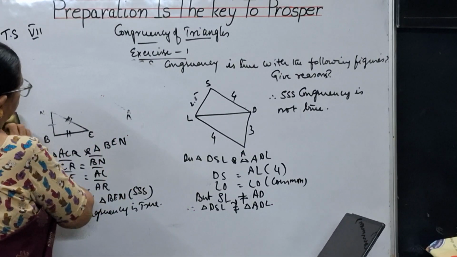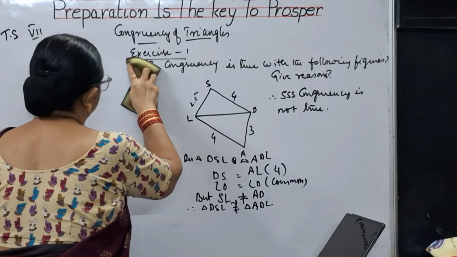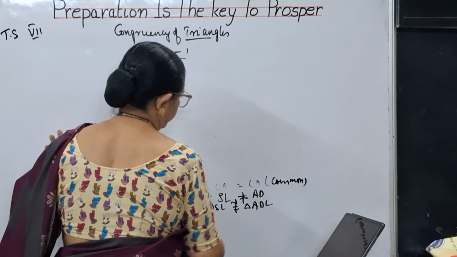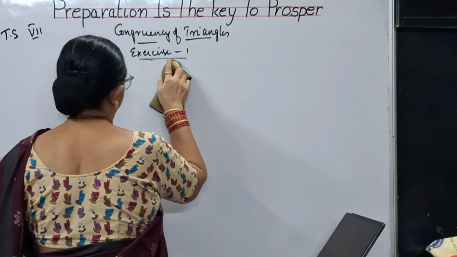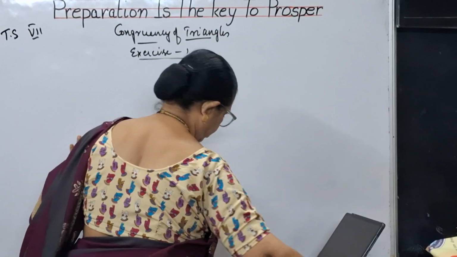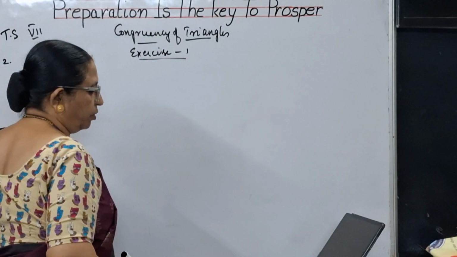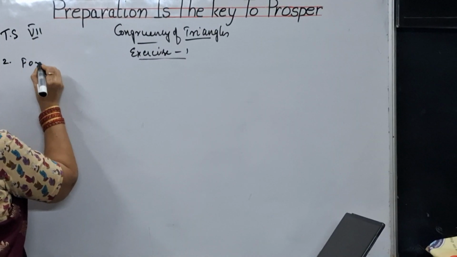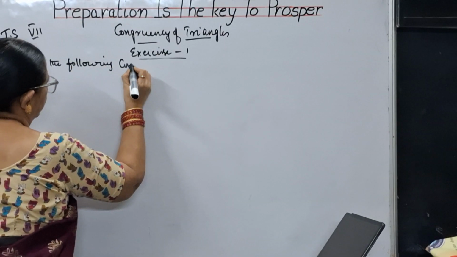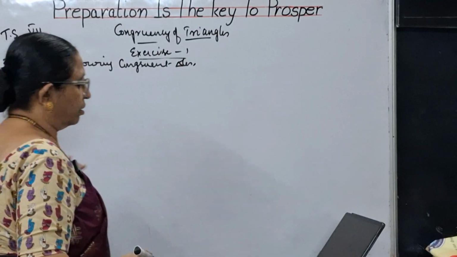Now, we will see the second problem. Second problem, for the following congruent triangles, that means they are saying that the triangles are congruent.